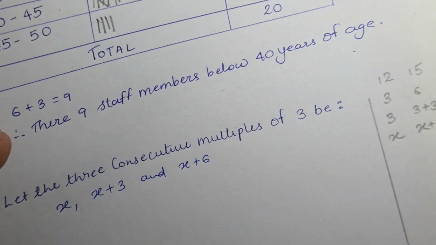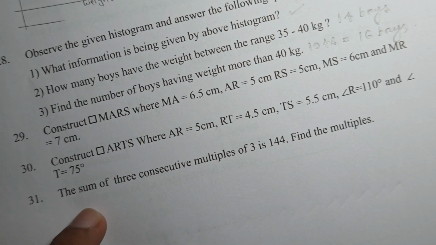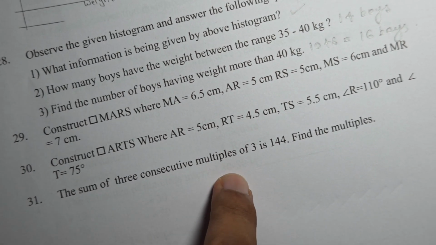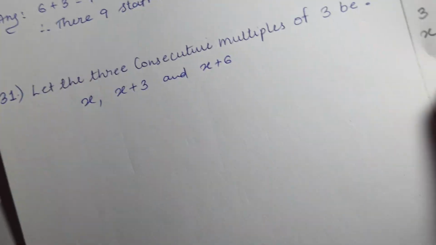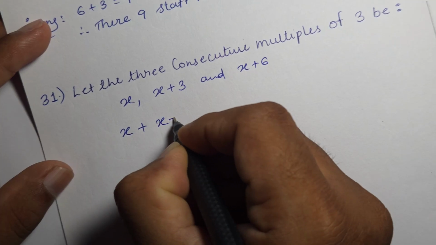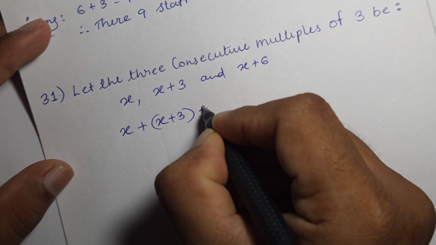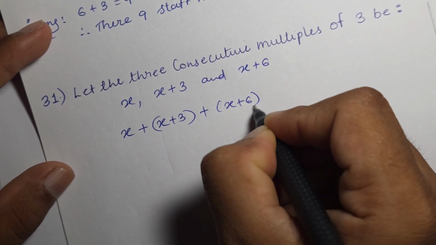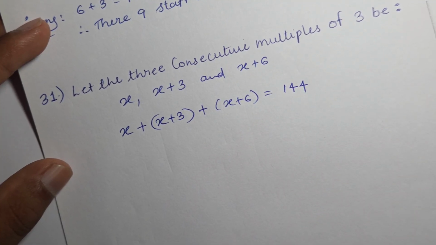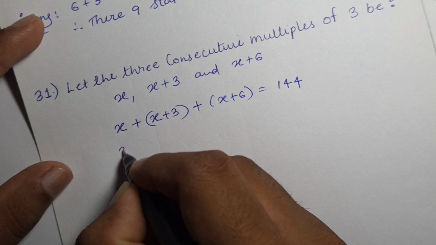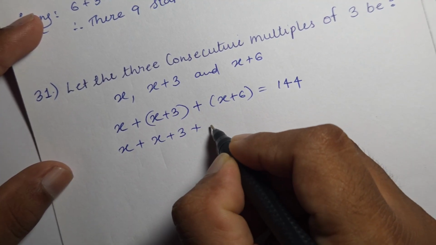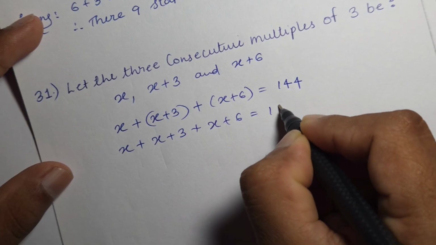Sum means addition, so the sum of these 3 is 144.